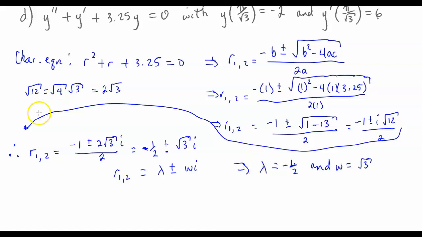So now that we have that, we know what our general solution is. So our general solution for this case is going to be e raised to the lambda x times c1 cosine of omega x plus c2 sine of omega x. That x did not come out real pretty.